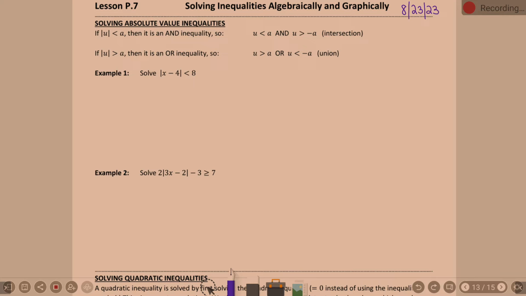If you have a less than sign, we're going to rewrite that as an and inequality. You write the first inequality as is, and for the second inequality, you switch both signs: you switch the inequality sign and you switch the positive to negative. That's if it's specifically a less than sign.